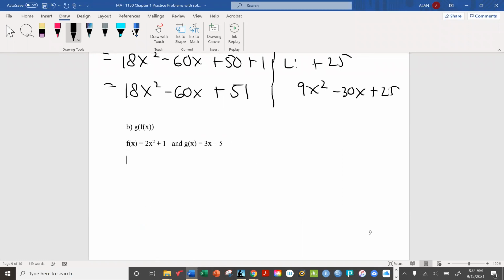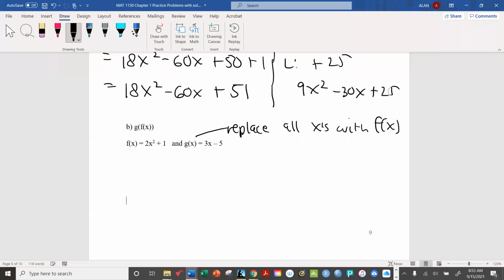Okay, so this time the strategy is to take this and replace all x's with f of x.